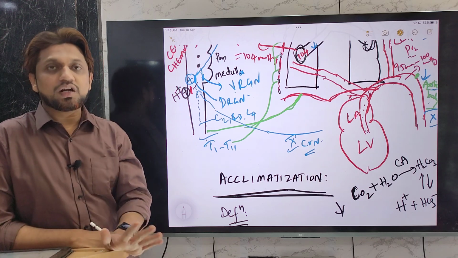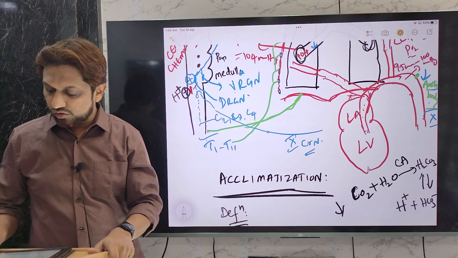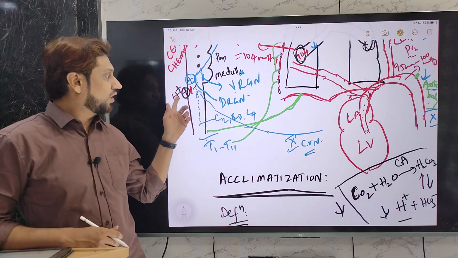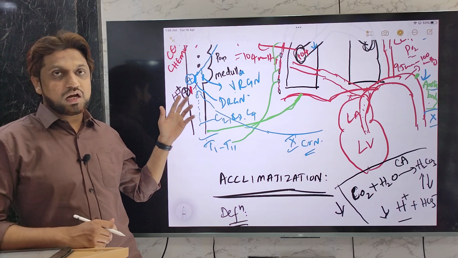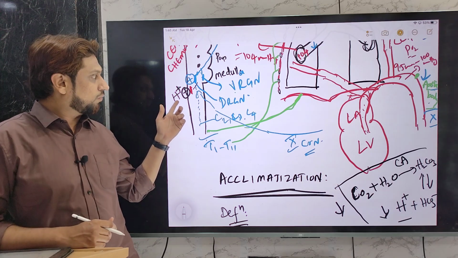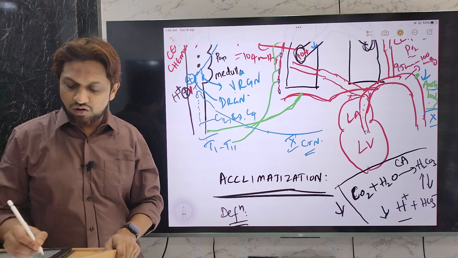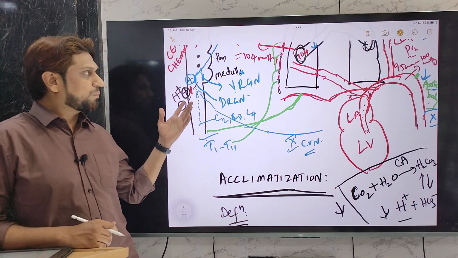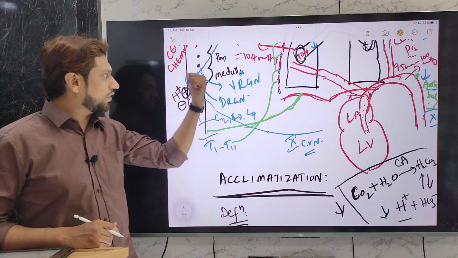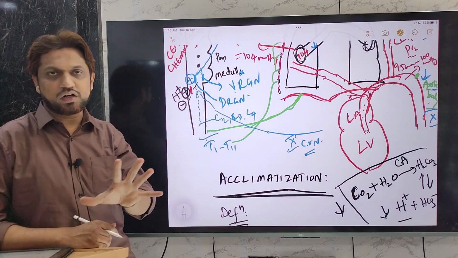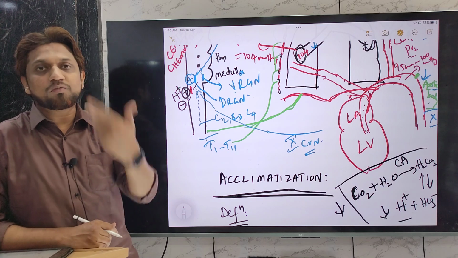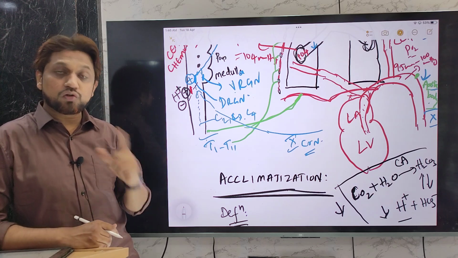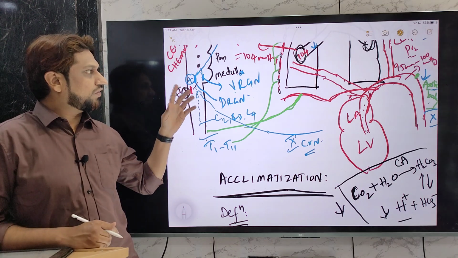If we consider this reaction, then the total H plus content in the CSF, and other body tissues, is also less. When this total H plus is reduced, it will not stimulate, in fact it will inhibit the central chemoreceptors. So on one side, peripheral chemoreceptors are stimulating the respiratory centers for hyperventilation, and because of the more expulsion of carbon dioxide due to hyperventilation, the central chemoreceptors are inhibited.